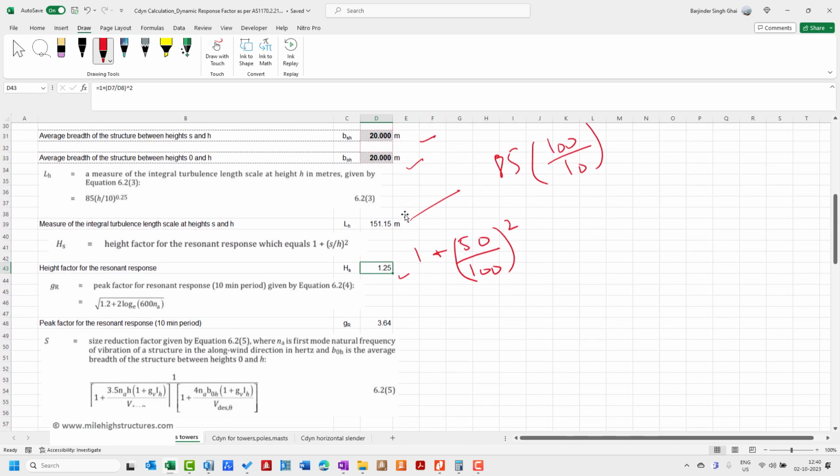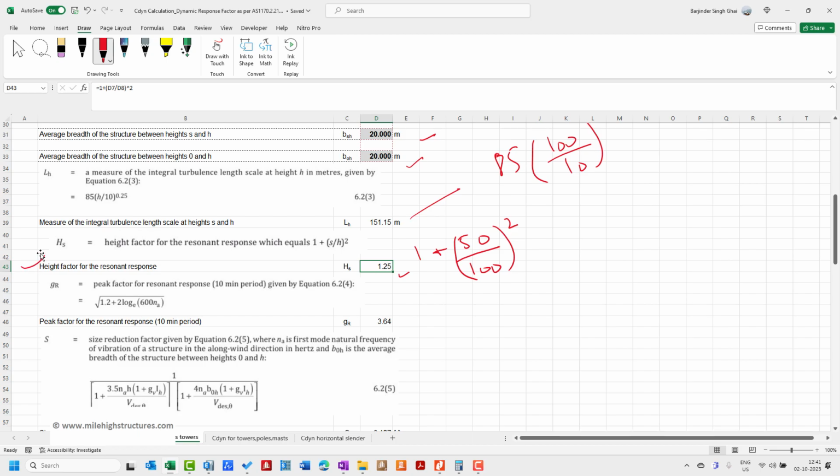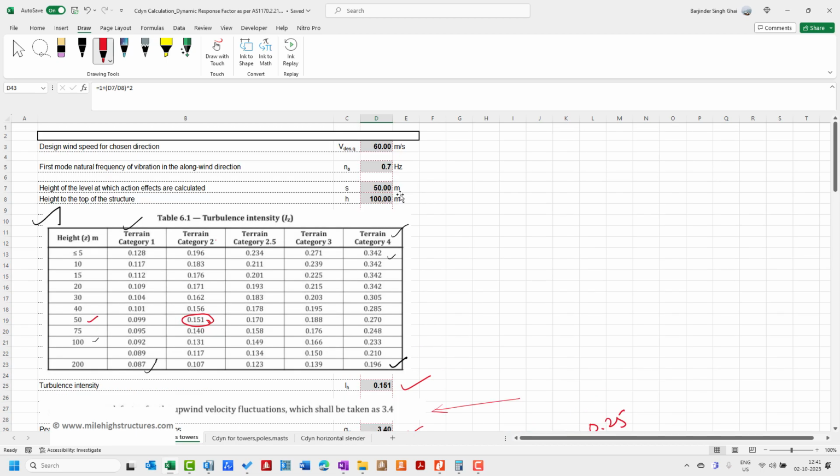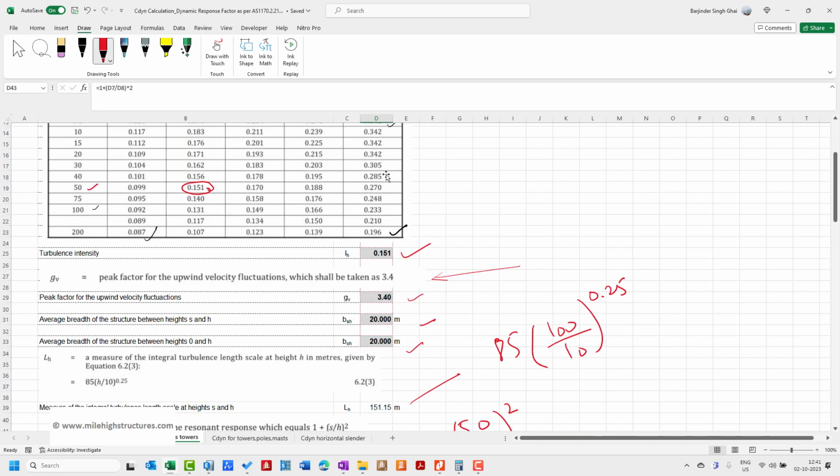And after that, if we are talking about the height factor for the resonant response, this is nothing but 1.2 plus 2 log base e multiplied with 600 into NA. Now you need to understand that NA here is the first mode natural frequency of vibration in the along wind direction.